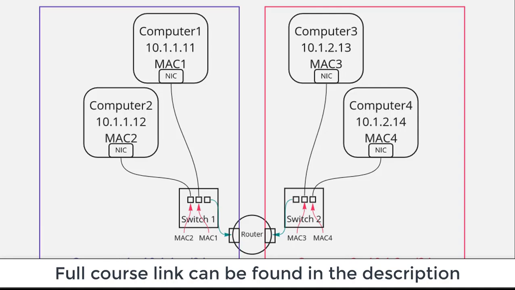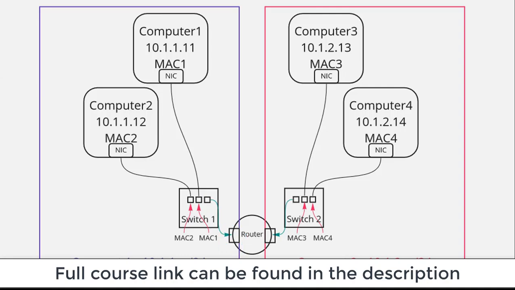And so computer 1 can communicate with this router. This router has a MAC address that is known to this switch, and the router also has an IP address as well. And that IP address is going to be the default gateway for this segment. So each one of these router interfaces has a unique IP address.